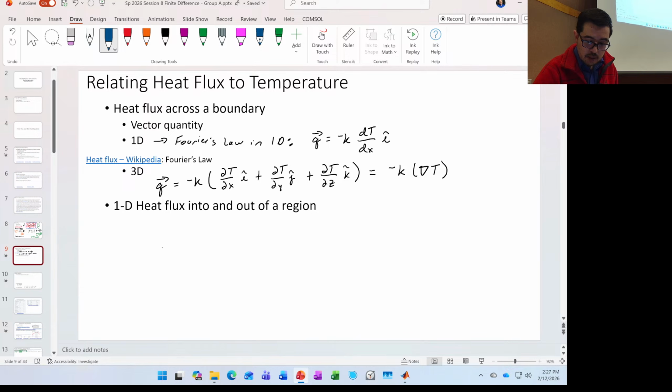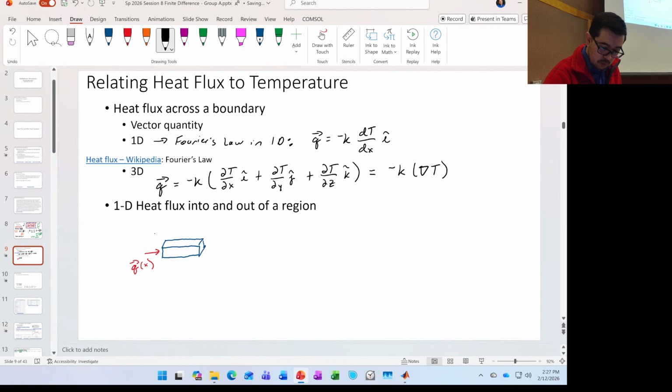If we have a small element, and there's some heat flux coming in over a cross-sectional area, and we also have a temperature of this element, and we have a heat flux out of the element.